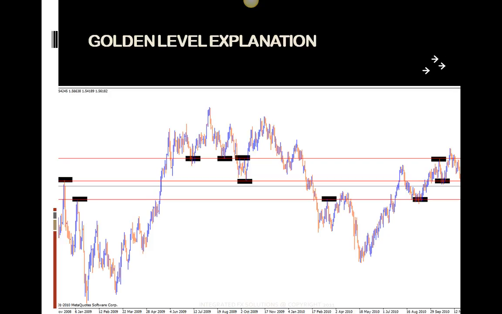Now looking up to the far right, the fourth box, we saw how price rallied to the golden level, and at that point we saw a very good and aggressive reaction. There was a rejection and price dipped.